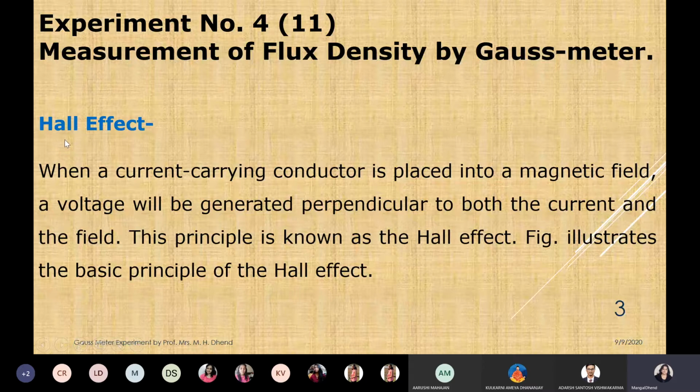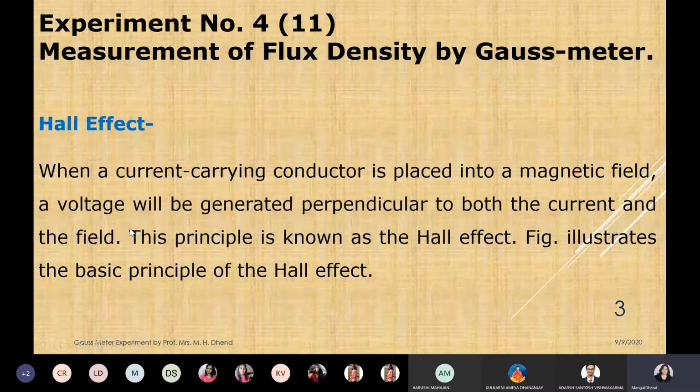The scientist Hall observed that when current is passed through a semiconducting strip and it is placed in a magnetic flux density, provided the direction of current and the direction of flux density are perpendicular, then a voltage will be generated in the third perpendicular direction.